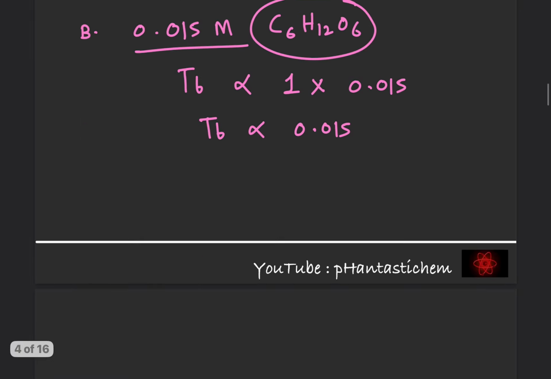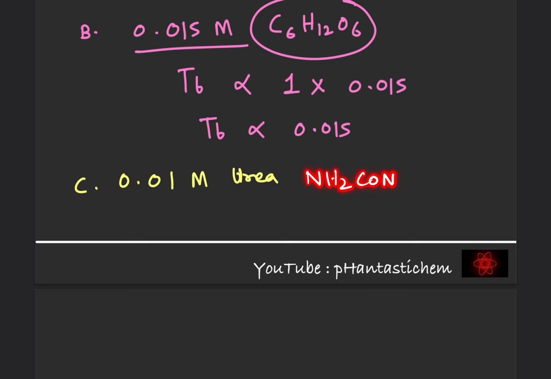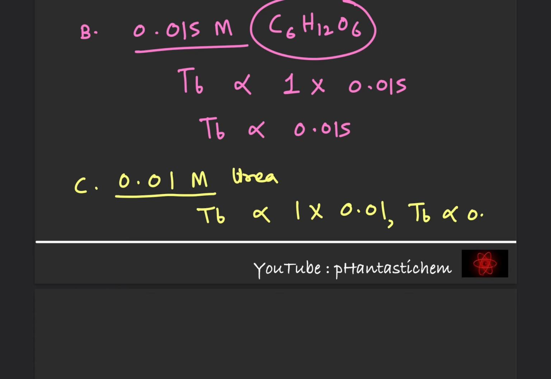Cool. Option C, we have 0.01 m urea. Urea is again a non-electrolyte. It has the formula NH2CONH2. So i will again be equal to 1. It neither undergoes association nor dissociation, so therefore TB will be directly proportional to 1 into the molarity, which is 0.01. So TB will be directly proportional to 0.01.